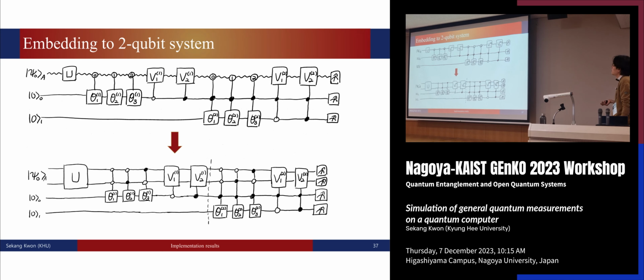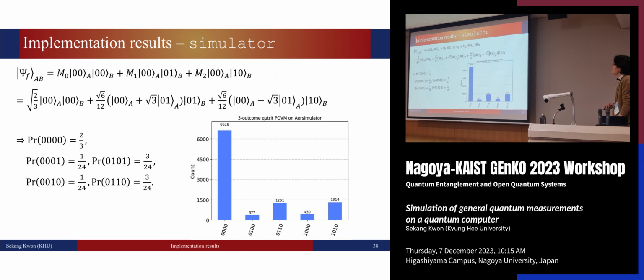But quantum computers are based on qubit systems, so we have to embed into qubit systems. So this is the embedding process, but it is a very trivial process. So these are our implementation results.